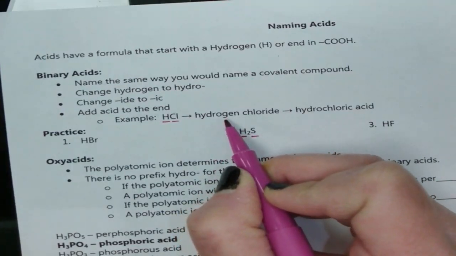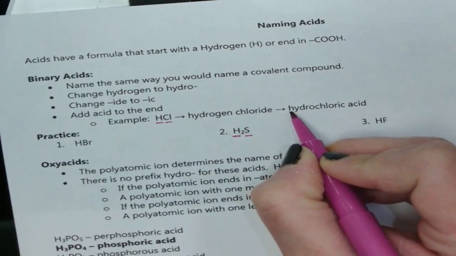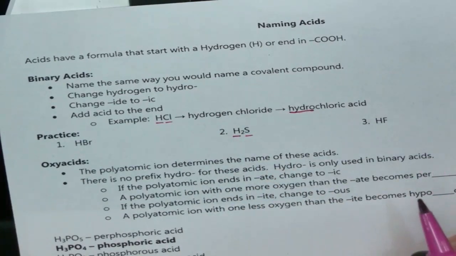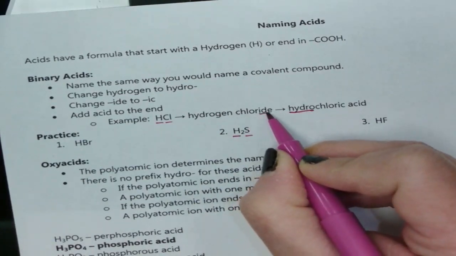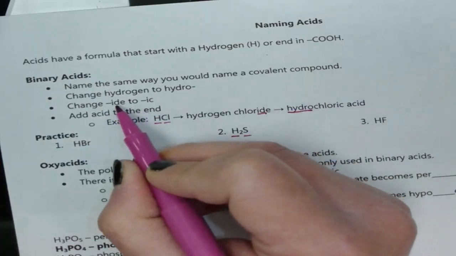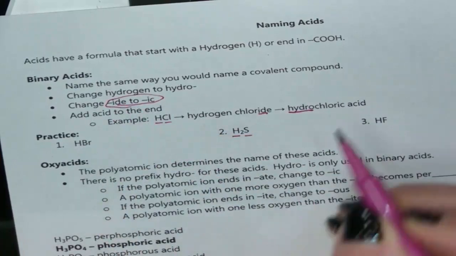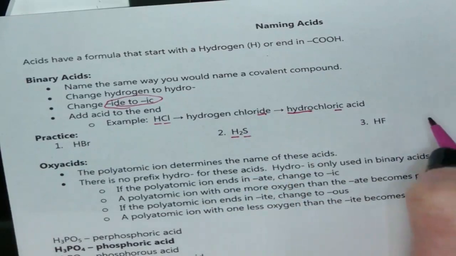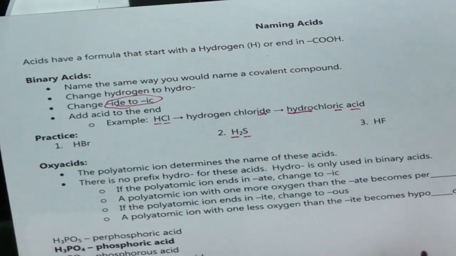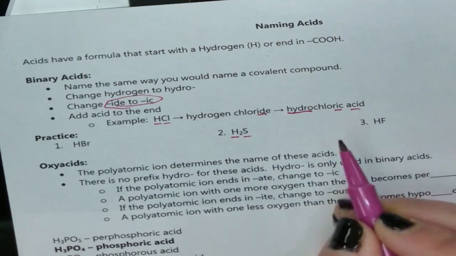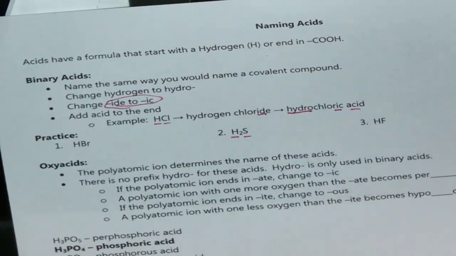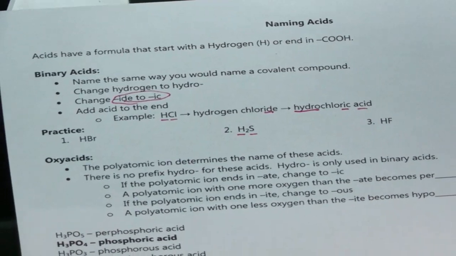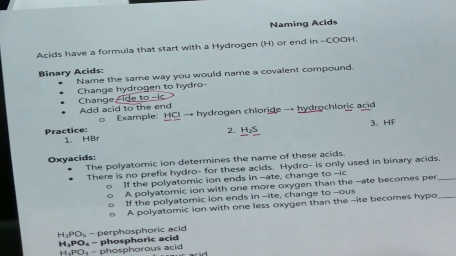Instead of writing hydrogen, we change the hydrogen to hydro. And -ide is going to become -ic. So the chloride becomes chloric, and then we add in the name acid after it. So hydrochloric acid.